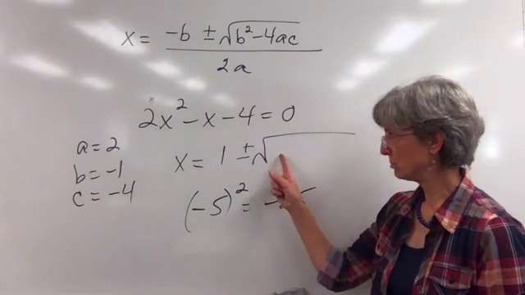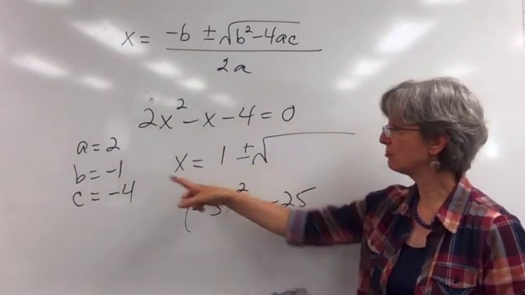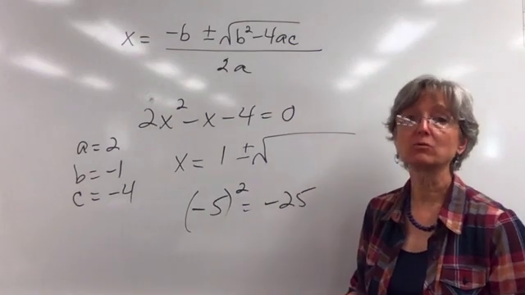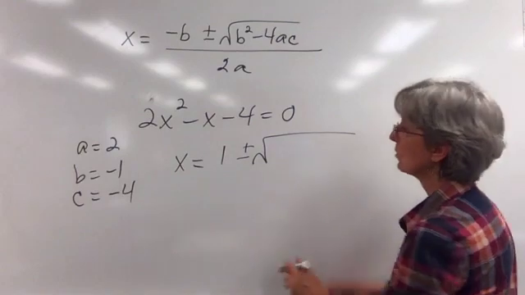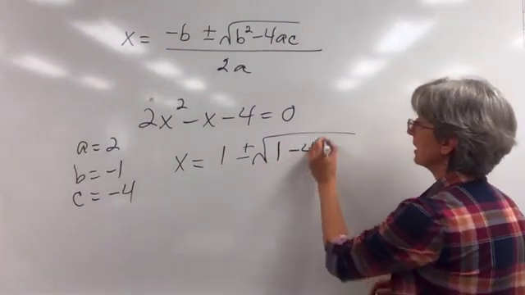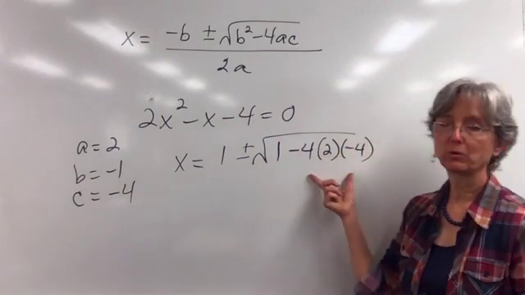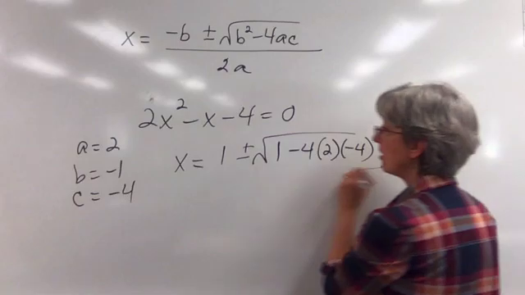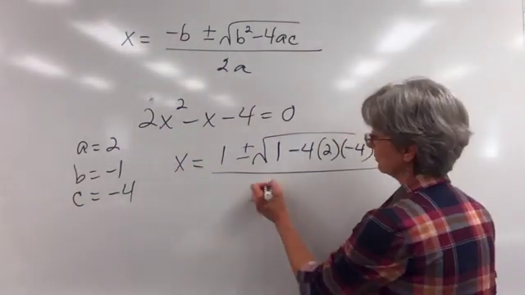Just remember, your b squared will always be positive, because even if b is negative, a negative times a negative will be positive. So in this case, b squared is 1, b squared minus 4 times a times c, minus 4ac all over 2a, 2 times 2, which is 4.